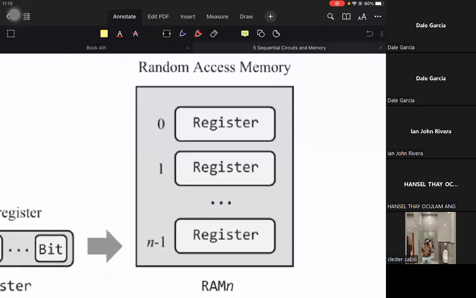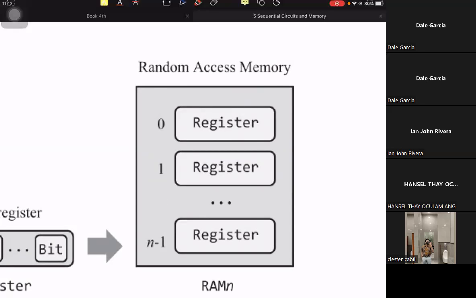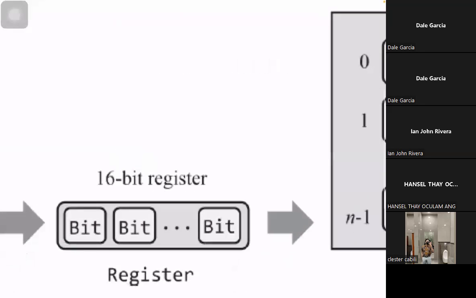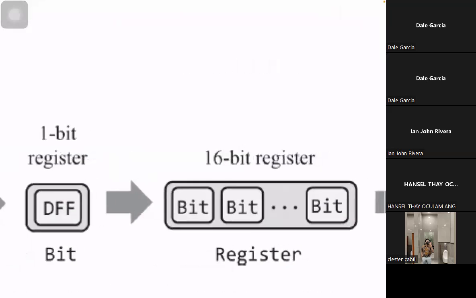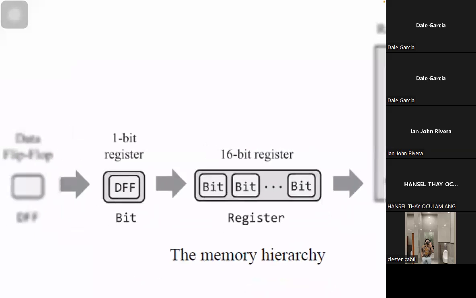I don't know if you remember, or if I played the video before, regarding memories. We have known that the RAM is made up of arrays of registers, and registers are just made up of flip-flops, basically.